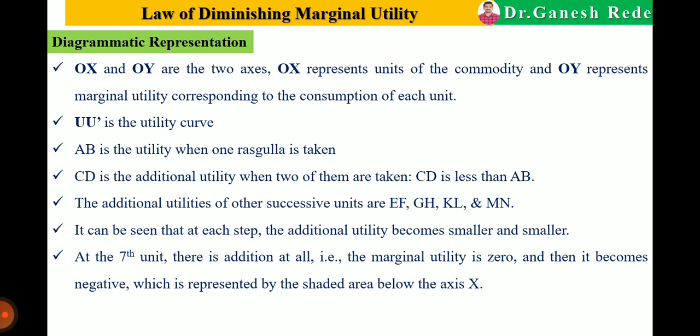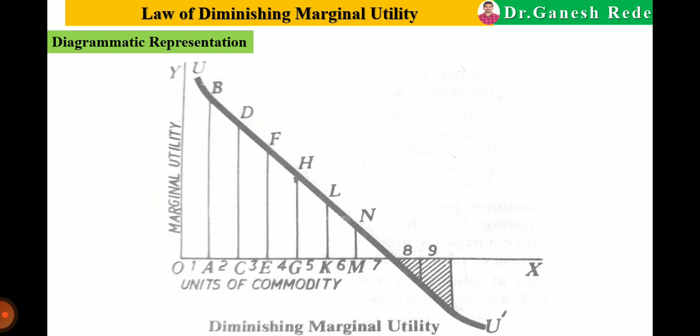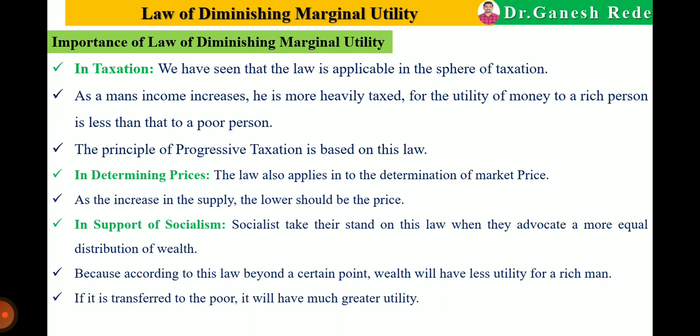That negative utility is represented by the shaded area below the x axis. Here the shaded area for the 8th and 9th rasgulla indicates the negative utility. So this is the graphical or diagrammatic representation.